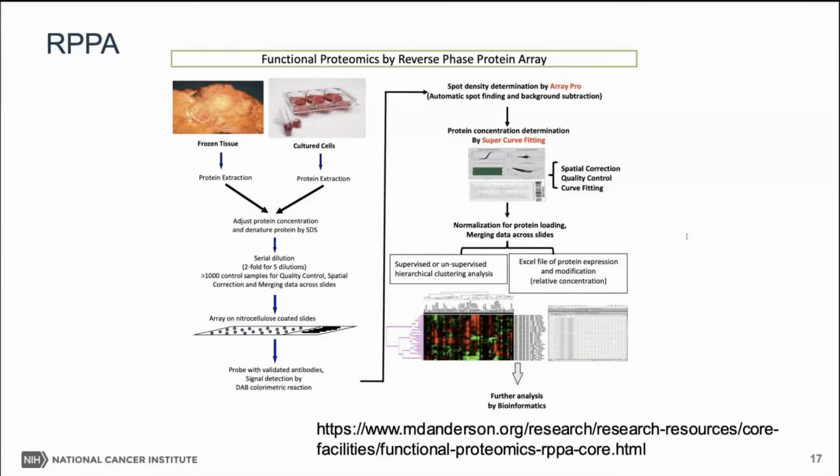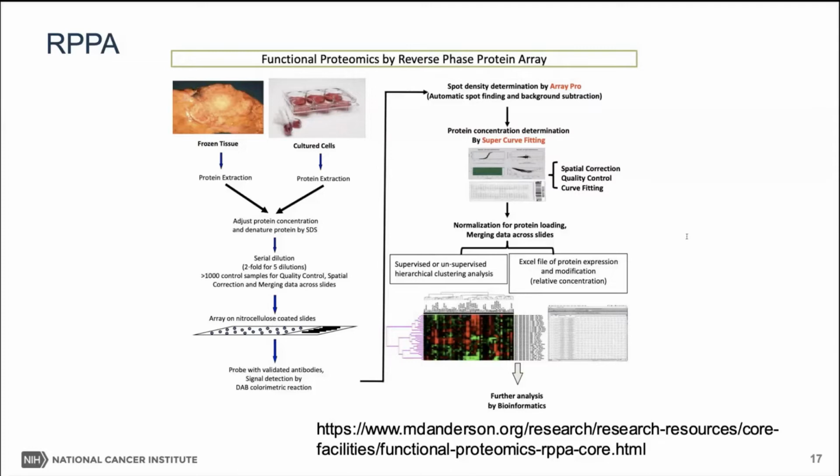So we know for most of the arrays we talk about, we get the probes or any antibodies onto the slides, and then we flush the slides with a solution with samples, and we detect signals. This is the opposite way.